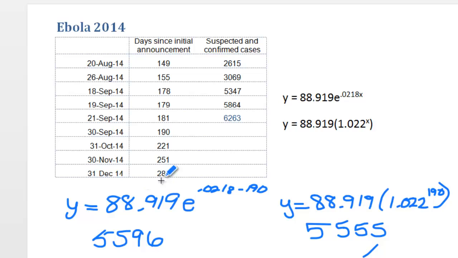The CDC estimates that there will be approximately 8,000 cases, or as many as 21,000 cases, if corrections for underreporting are made. It estimates that for every Ebola case currently, there are 1.5 times as many unreported cases. So that can help change this value. And of course, we have not taken that into consideration or compensated for that in our original equations.